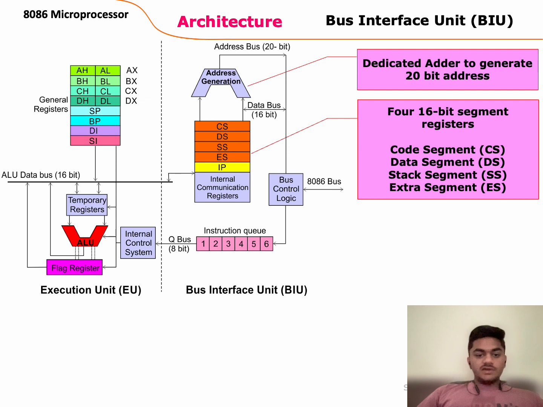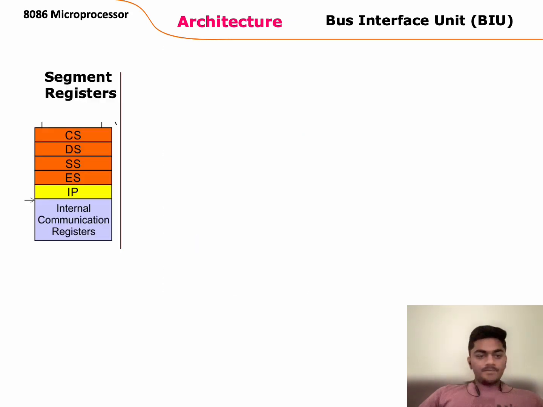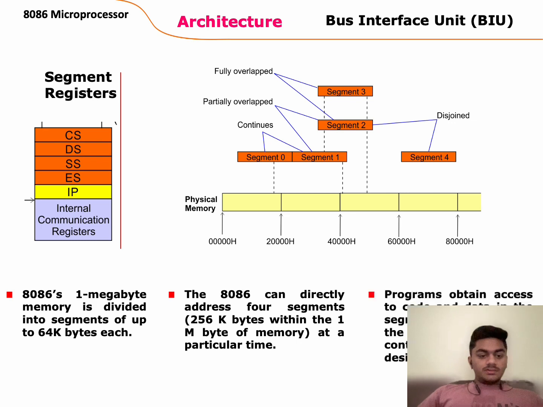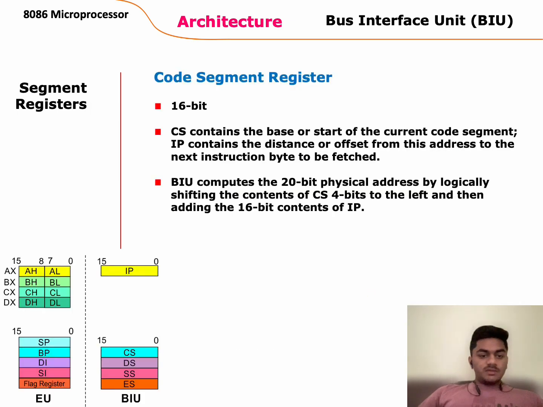The bus interface unit has 4 registers: code segment, data segment, stack segment, and extra segment. Here we already discussed the adder to generate a 20-bit address from the segment register. What is the code segment? Here is the 16-bit code.